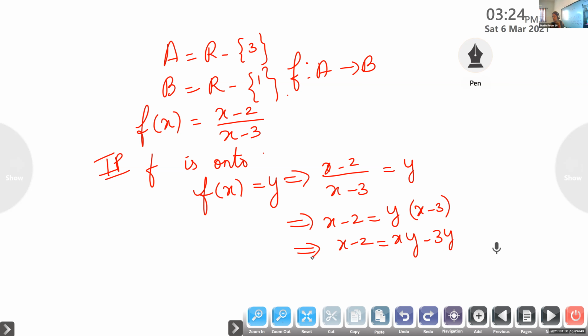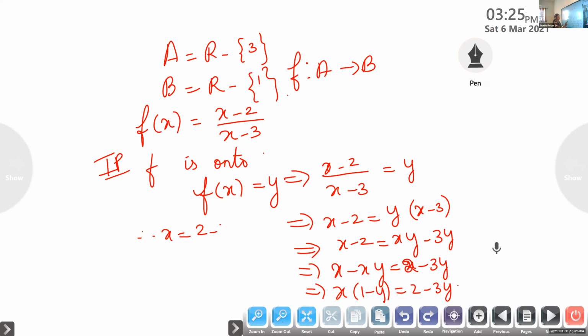Now bring all the x terms together: x minus xy is minus 2 plus 3y... so x into (1 minus y) is 2 minus 3y. Therefore x is equal to (2 minus 3y) by (1 minus y).